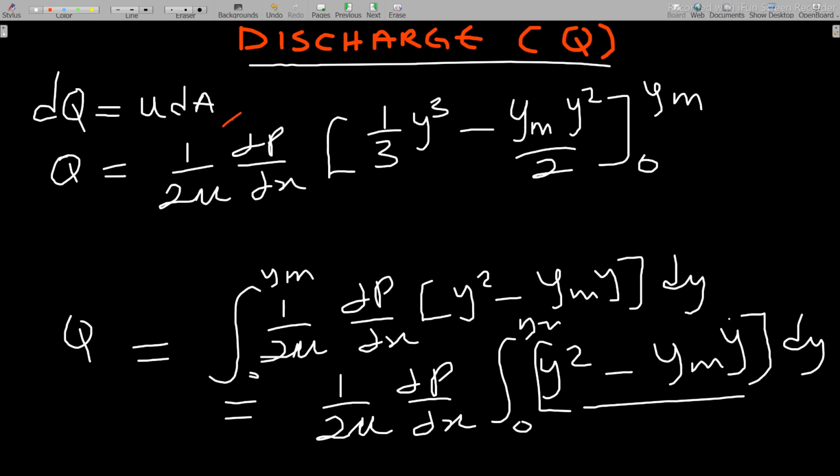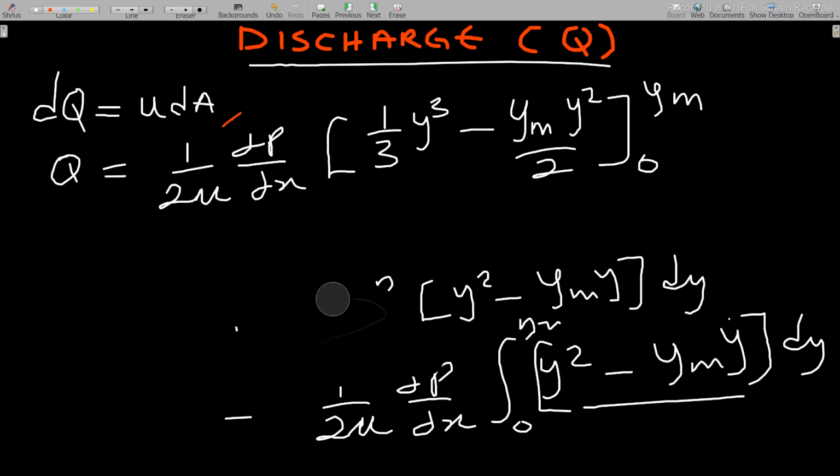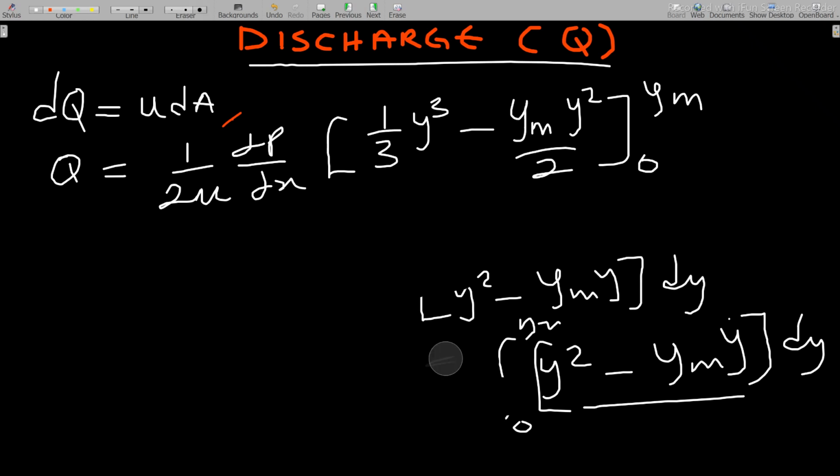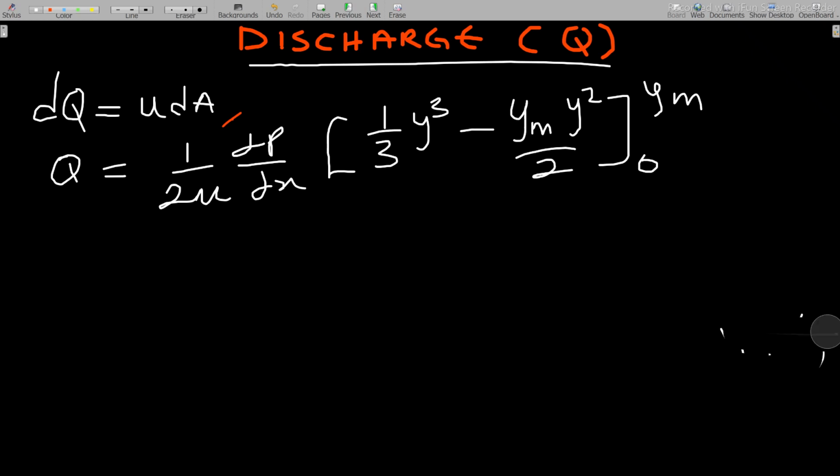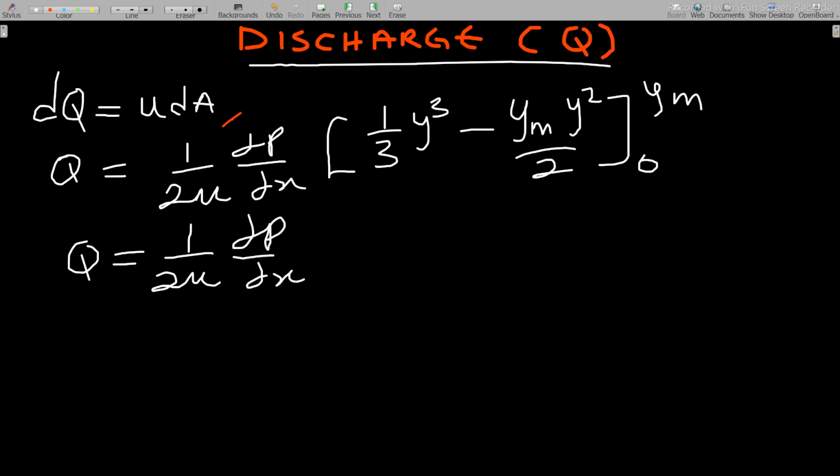Now let's evaluate this. Evaluating it means that we don't need what is just here. You just erase everything and we'll write it there. Whatever answer we get here will be our discharge. Now if we do it clearly, you get KO is equal to 1 over 2 mu del P del X, then ym in place of every y.